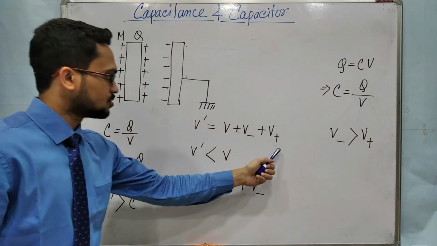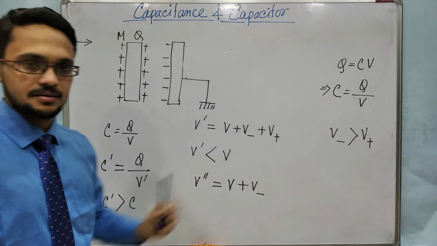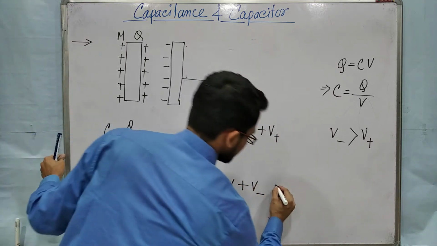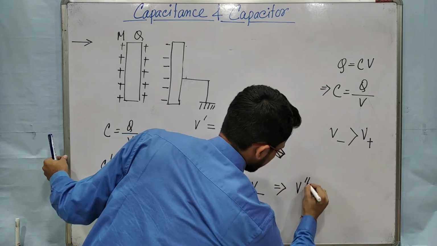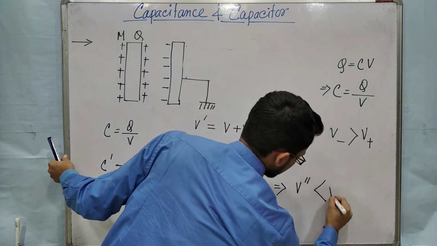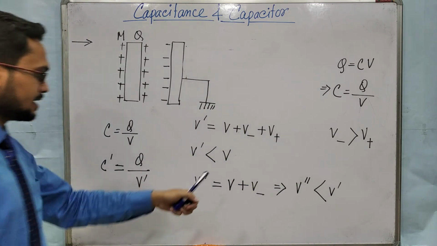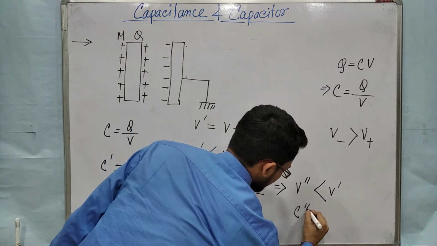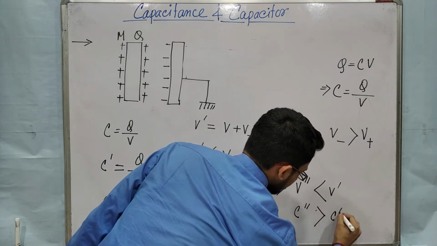This term V plus is absent here. Here V minus is negative, that means V double prime will be much less than V prime. And then C double prime will be more than C prime.